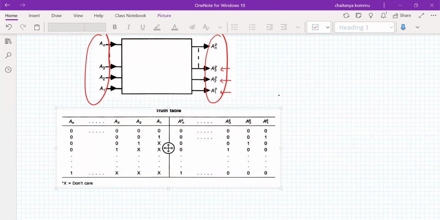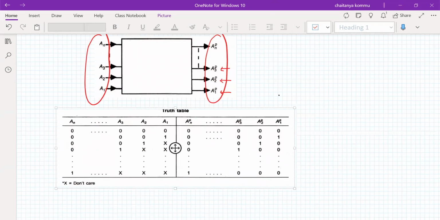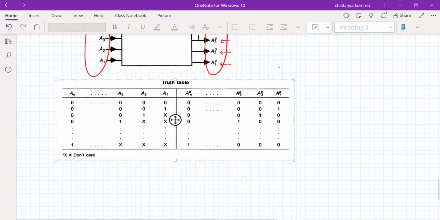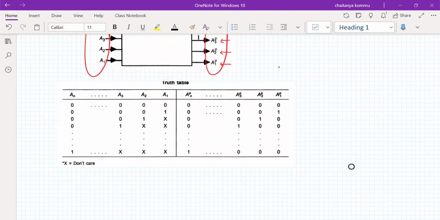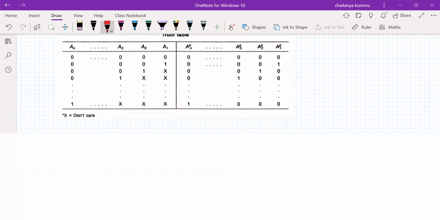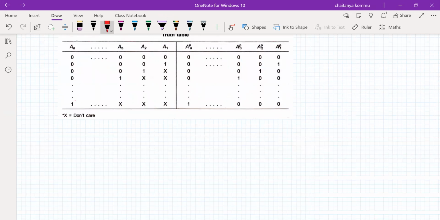What this table says, please remember, please understand this concept: whenever the highest bit is available, for example, whenever the AN bit is available, that means the MSB is active high, you forget about all other things.